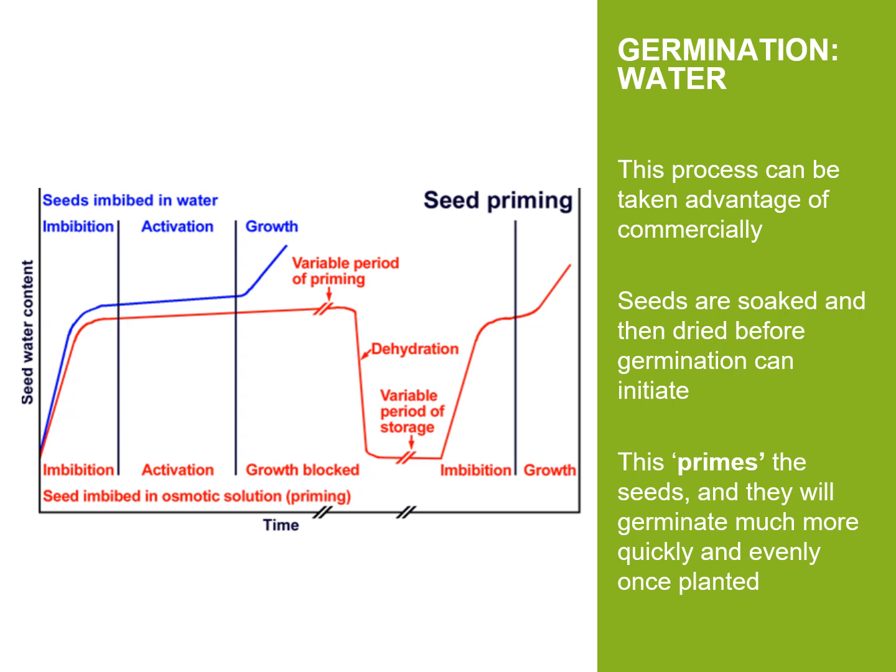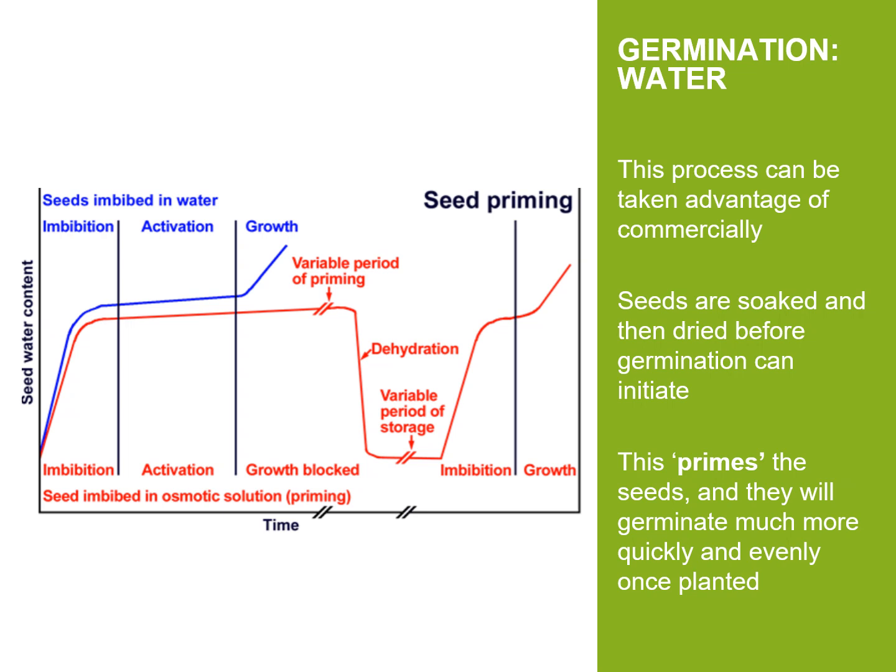This then in turn activates the seed, and the activation period commences. And ordinarily that would then trigger growth, but during seed priming, the seeds are then dehydrated again, so they're dried back down to that 10% moisture content. And that dehydration postpones growth and germination. And that then allows the seed to be stored again for a period of time.